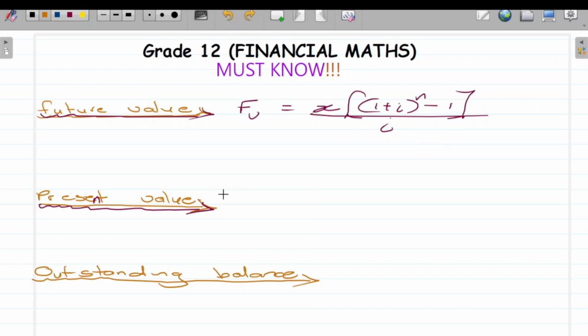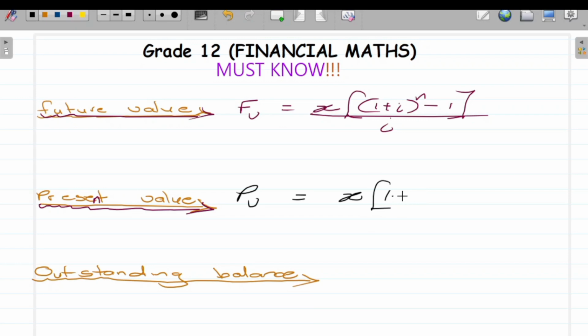Okay, and then we have what we call the present value now, right? The formula for this is PV, and then we have X over there, right? So guys, the present value is when, let's say, you take a loan, right? So when you take a loan, it means you already have the money.